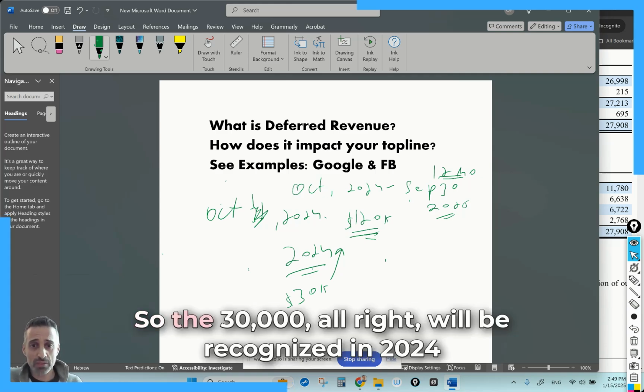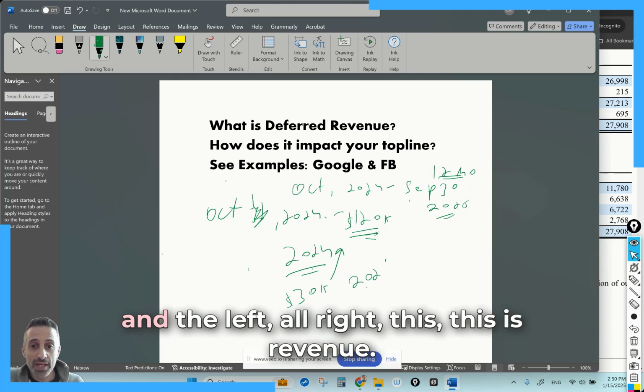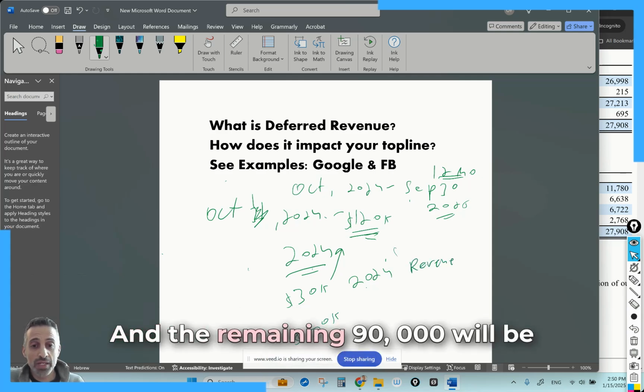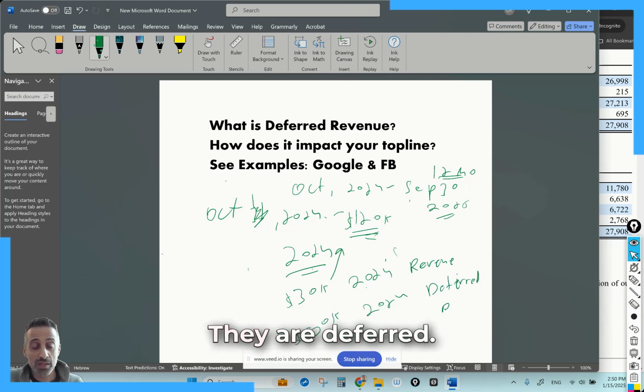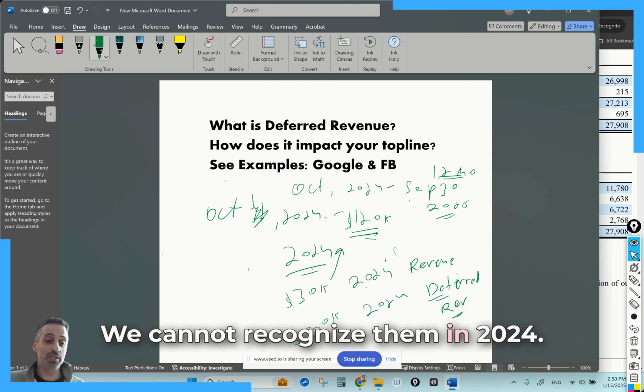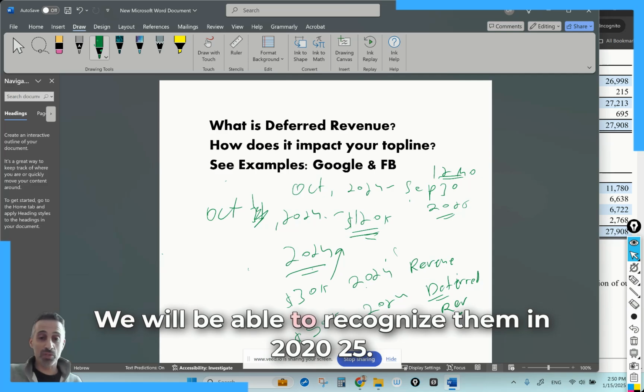So the 30,000, all right, will be recognized in 2024, and this is revenue, and the remaining 90,000 will be recorded in 2024 as deferred revenue. All right, they are deferred. We cannot recognize them in 2024, we will be able to recognize them in 2025.